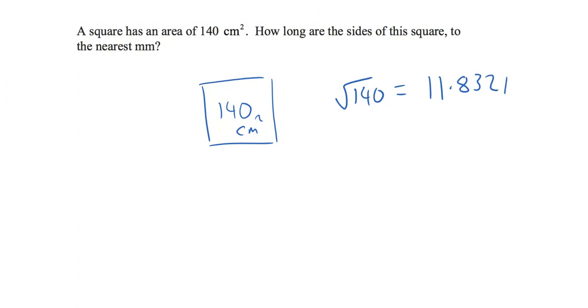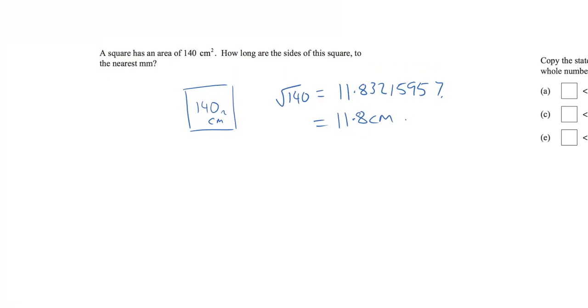Let's just write a few of these out. 1, 5, 9, 5, 7. Let's stop there for a second. Okay, now that is 11 centimeters, but I want it to the nearest millimeter. So that means that I need 1 decimal place. So I could write it like that because there are 10 millimeters in a centimeter, 11.8 centimeters.